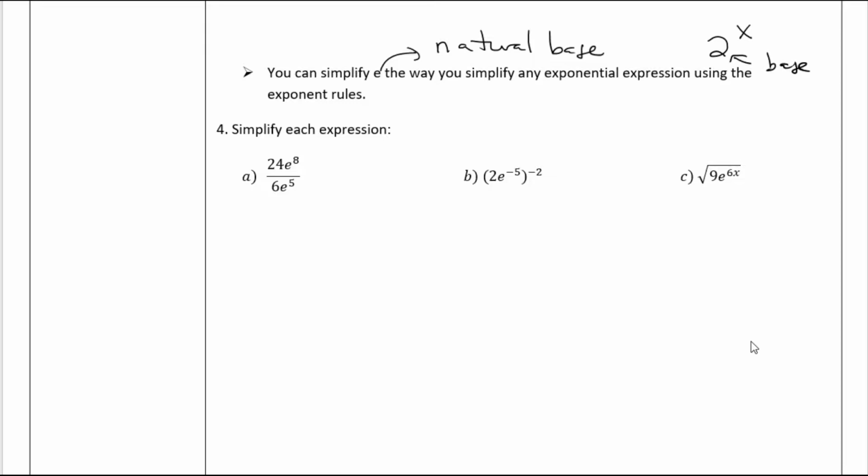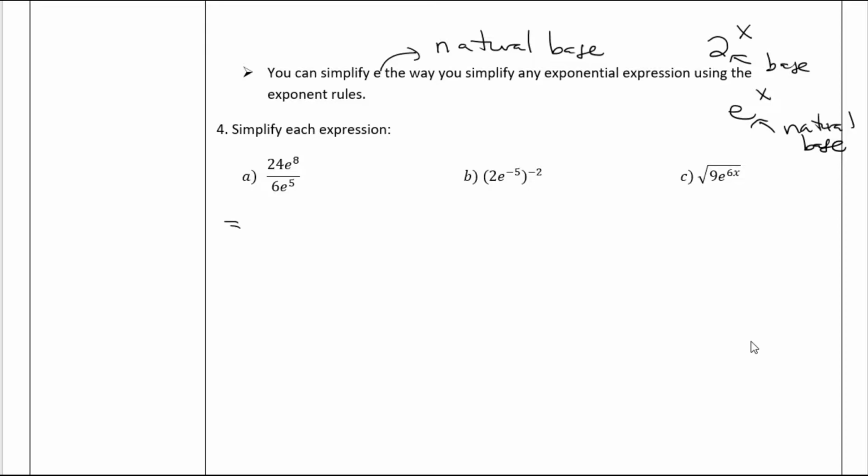If you had e to the x, well, e is your natural base. And that's because it occurs naturally. It occurs naturally in applications of growth, as we showed you earlier. So when you have e as a base, you're going to use the same rules as you would for any other base.